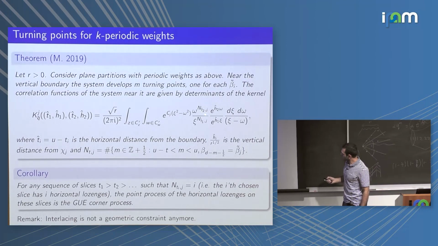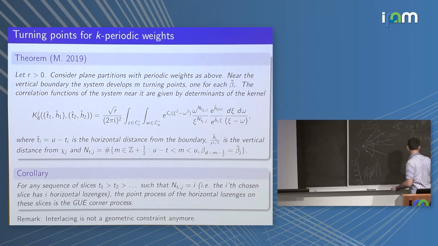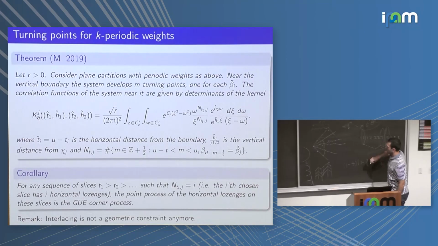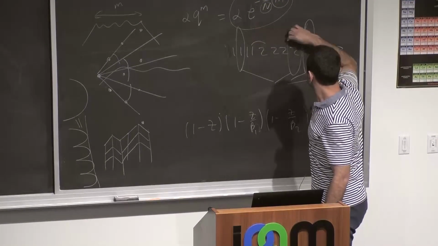So basically, what happens here is, if this was T1 and this was T2 and this was T1, you'd get the GUE corners process. But now this thing basically counts the number of jumps that you see.